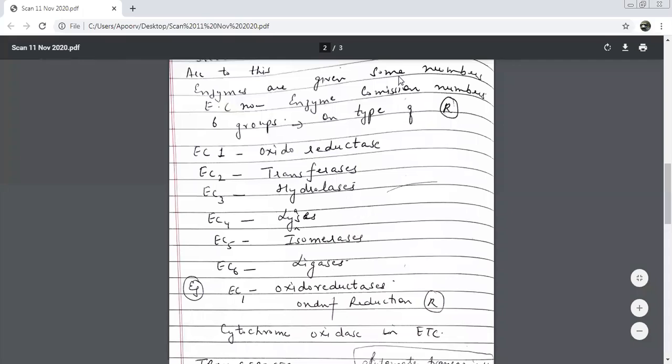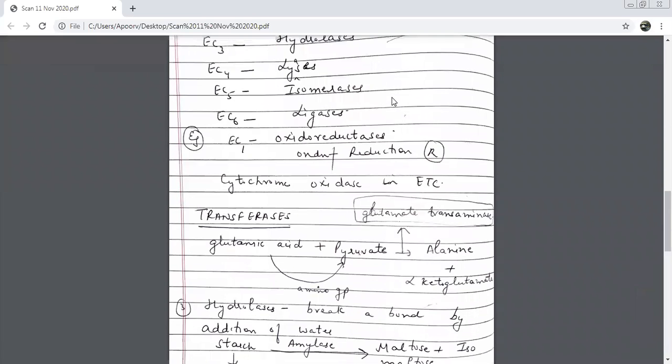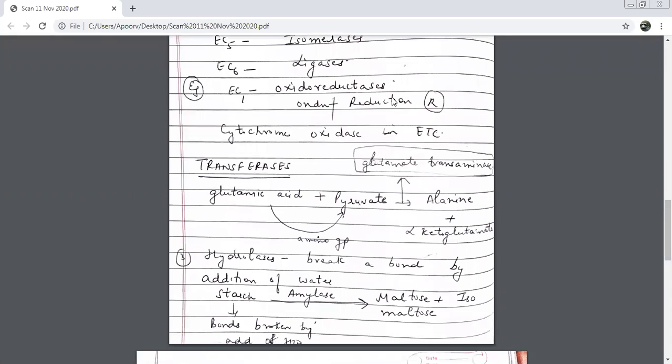That way you'll be able to learn in an easier manner. Two examples you can see from here only.